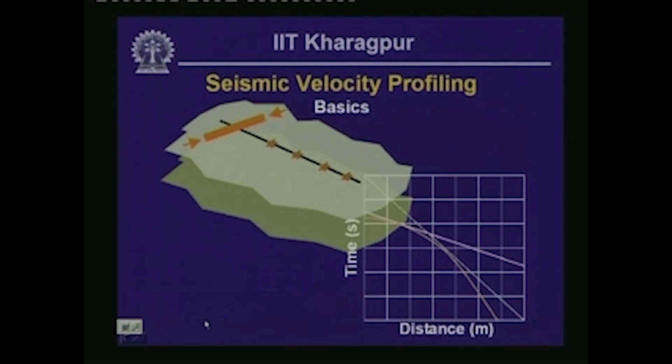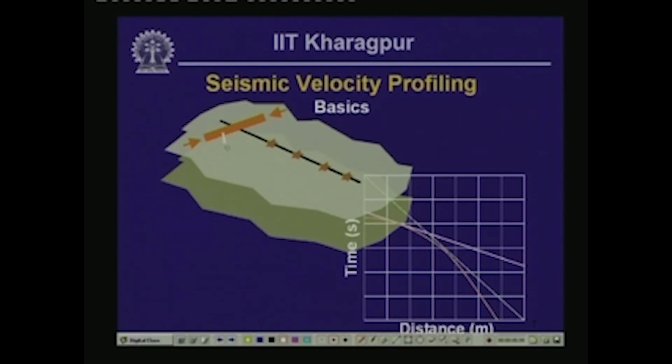So, here we have a very heavy beam, say. We hit this beam first to the right, and then we hit this beam from the left.